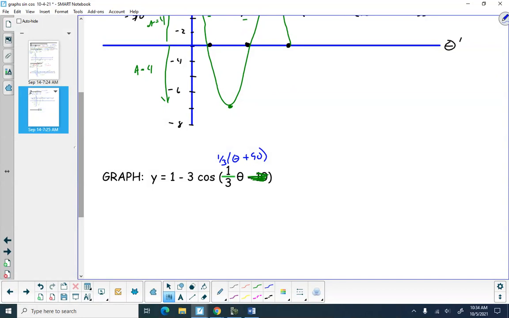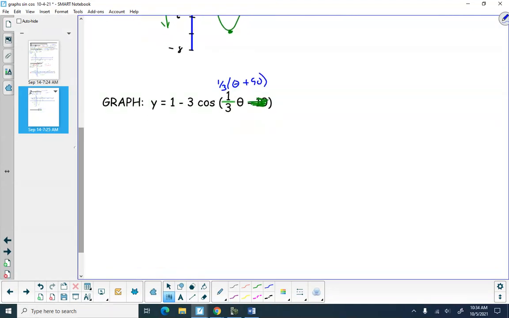So go ahead and change the problem, with the theta plus 90 in there. Determine the amplitude, the period, the vertical and horizontal phase shift, and the y-intercept.